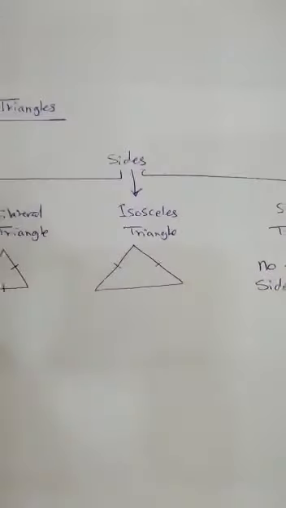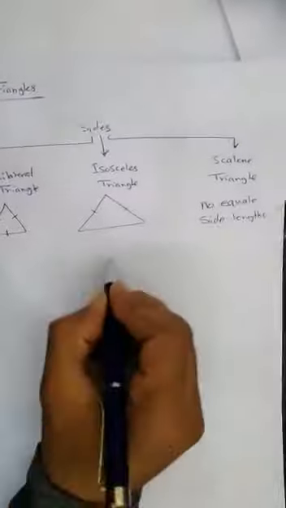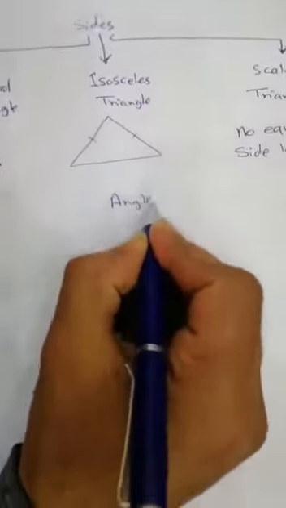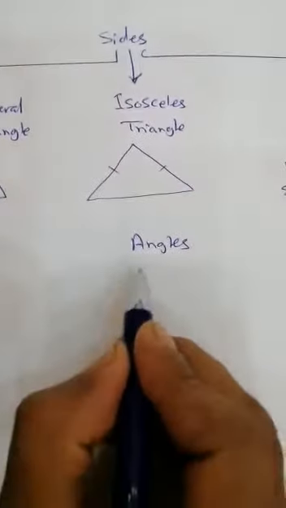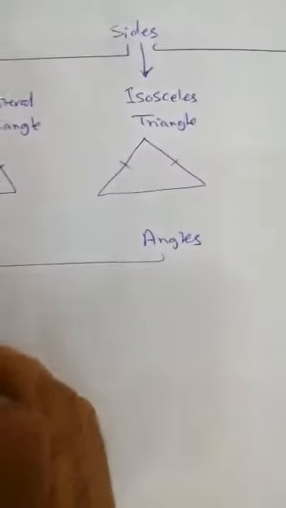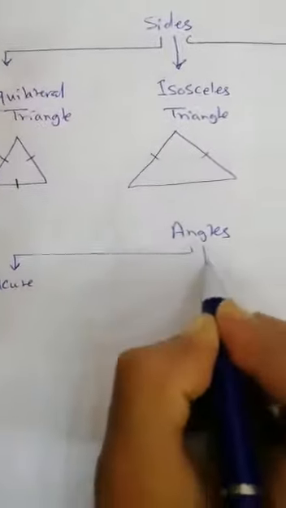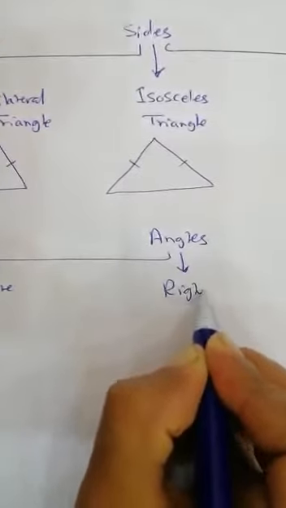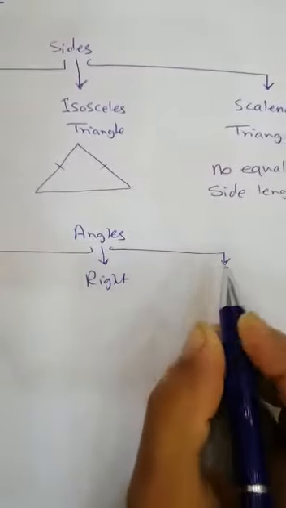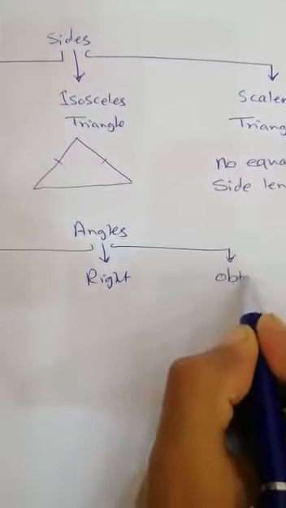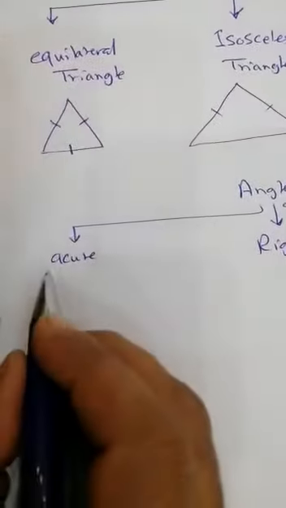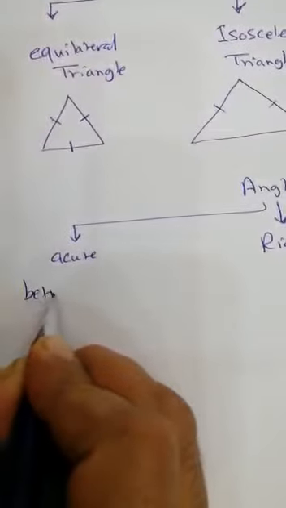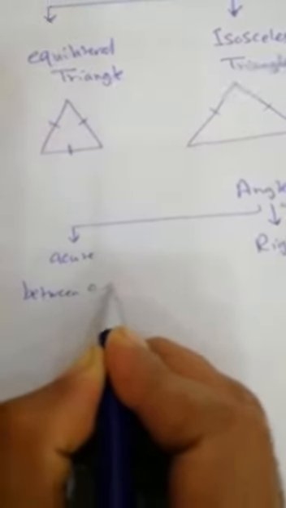Now the second classification, we can classify it by angles. Before we start the classification, we want to know the types of angles: acute and right. The third type is obtuse. Look guys, acute angles mean it's between 0 and 90.